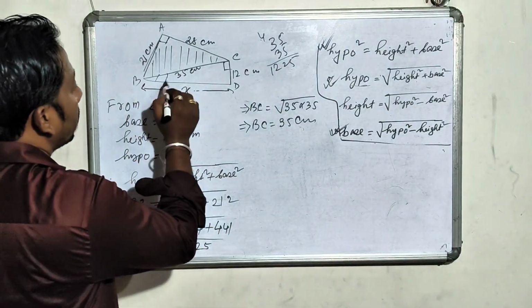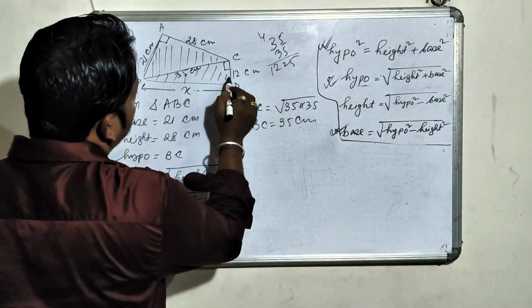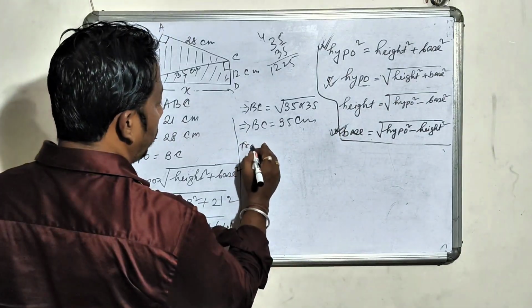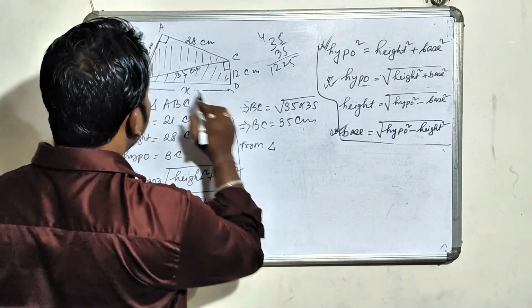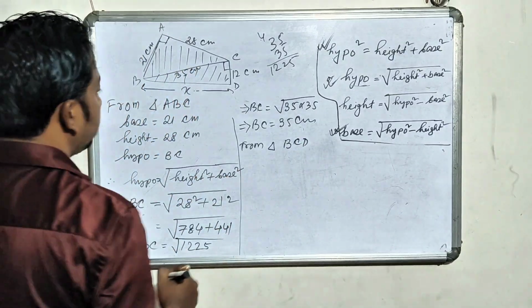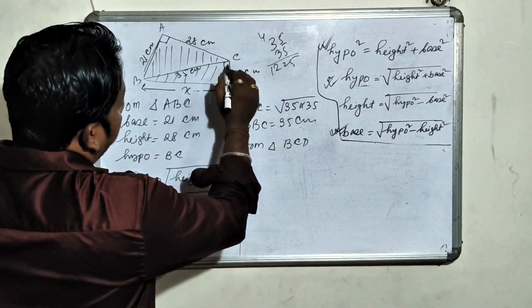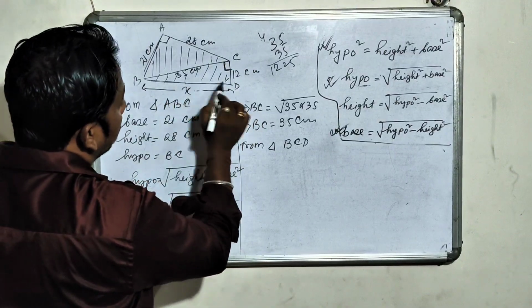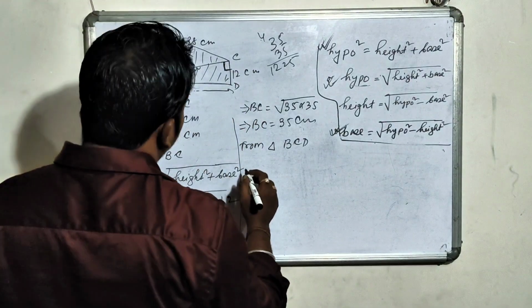Now think about that triangle. From triangle BCD, the 90 degrees is here, the opposite side is the hypotenuse.